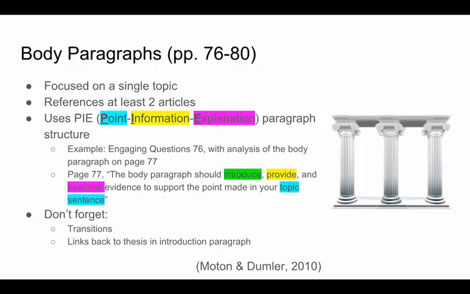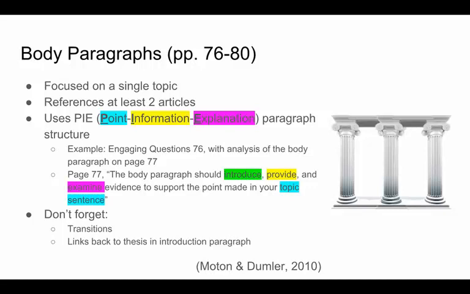So you can kind of see that it's emphasizing and showing this structure. And you can see that even in the essay itself, this PIE structure shows up a lot, the point, information, explanation. So that's important to remember, that when you're writing your body paragraphs, you are showing that you can demonstrate and understand the idea and show its importance.